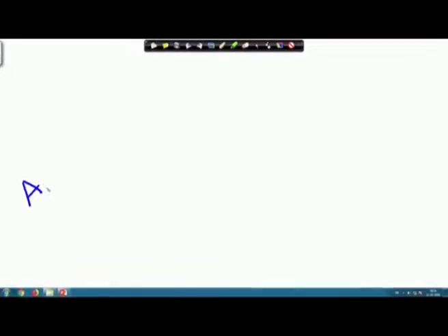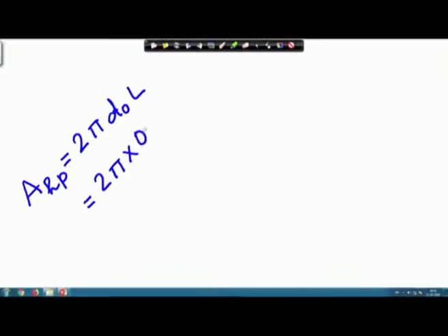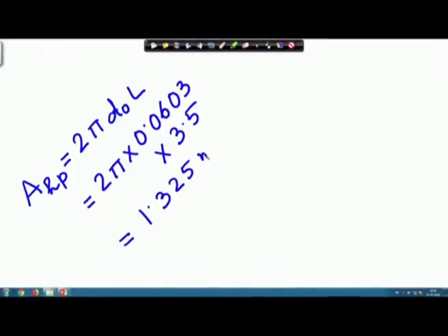Per pin, the area of each hairpin is 2 pi d_0 into L. So, this is nothing but 2 into pi into 0.0603, and we have L given as 3.5 meter. So, this will be about 1.325 meter square.